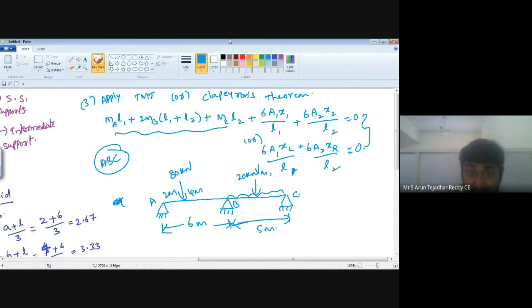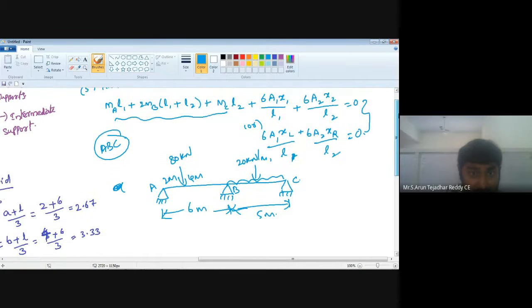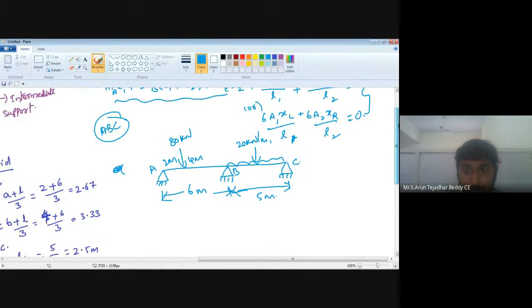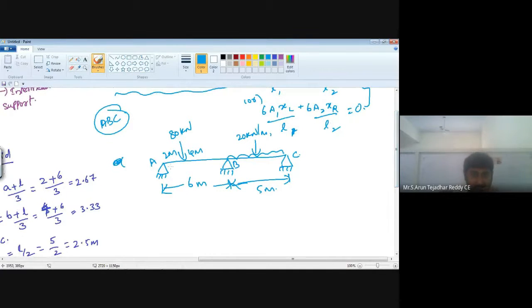Write clearly the terms in the formula: L1, L2, A1, A2, X1, X2. For A, B, C, L1 is equal to 6 meter and L2 is equal to 5 meter. Up to now clear? Okay.